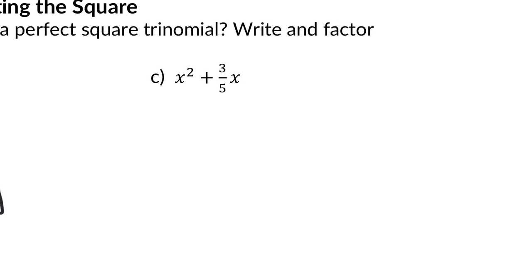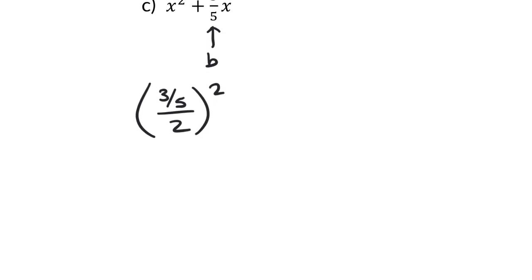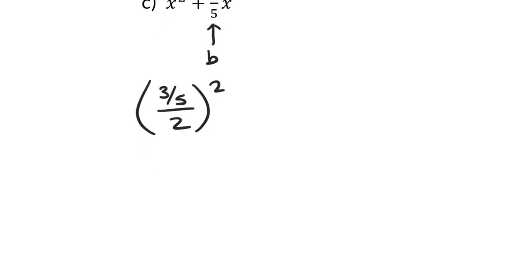Oh dear, what about C? What's the b term here? Yikes. Okay, we can still do this. We're going to do 3/5 divided by 2, and then we're going to square it. Oh dear, but we need to remember our fraction rules. I believe we've gone over it in this class a little bit, maybe. What's the rule when you're dividing fractions?